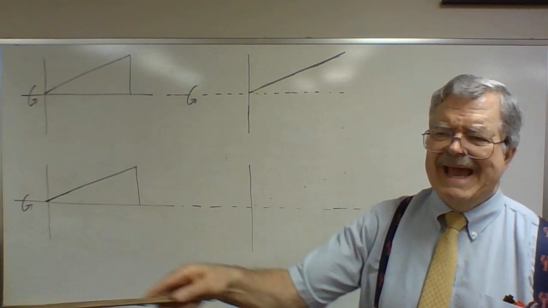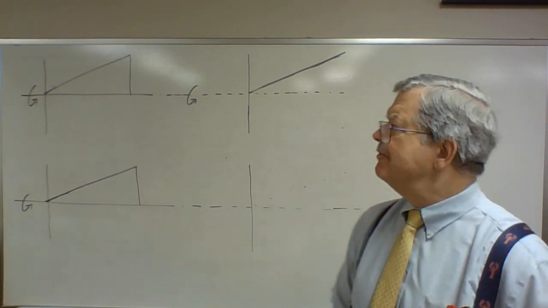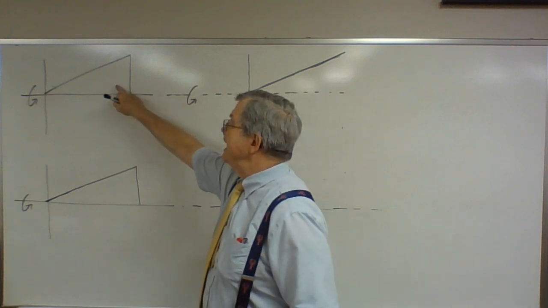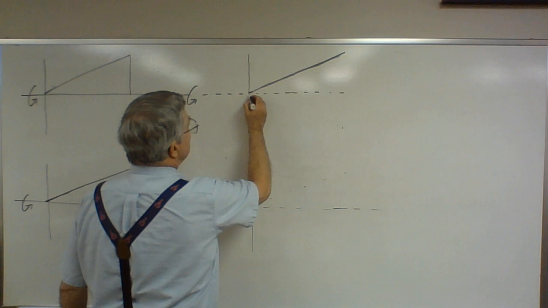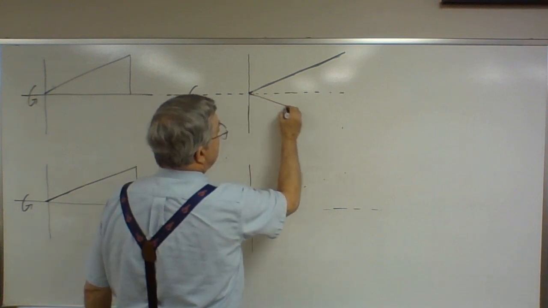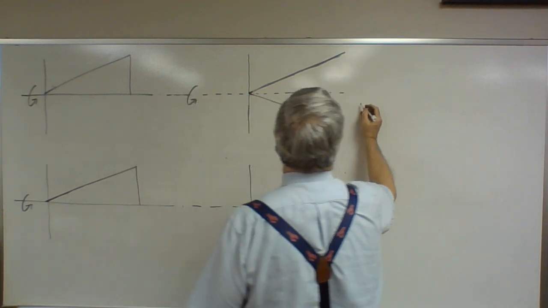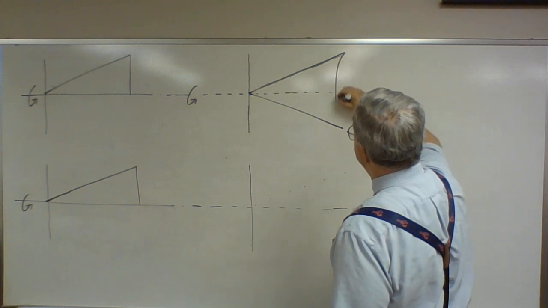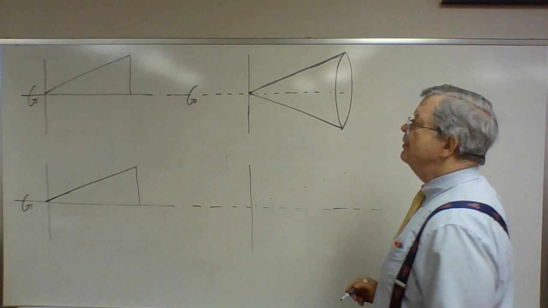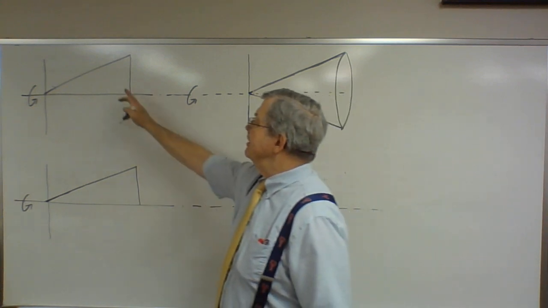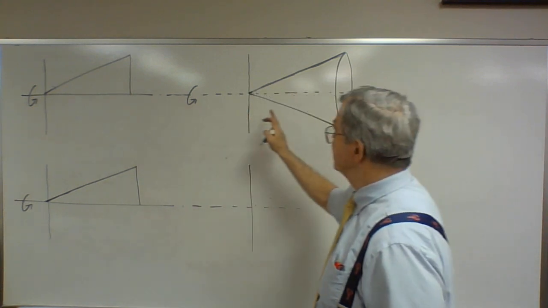What did we get when we revolved this triangle about the x-axis? Didn't we get a cone? This is the solid of revolution that we got when we revolved a triangle about the x-axis.